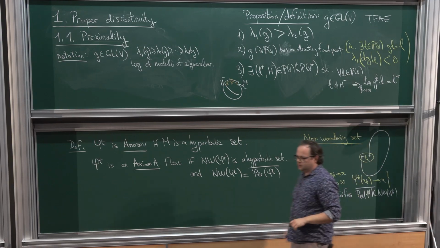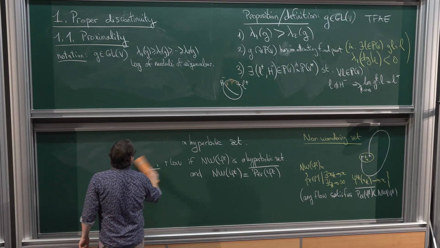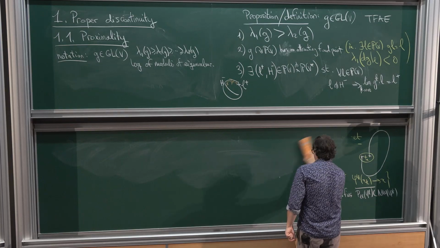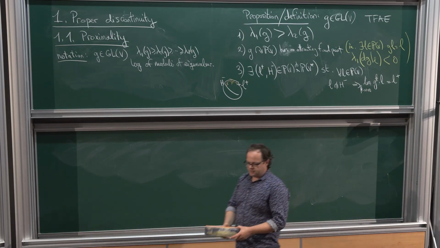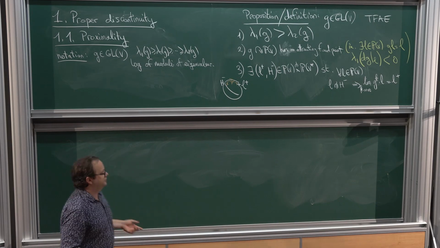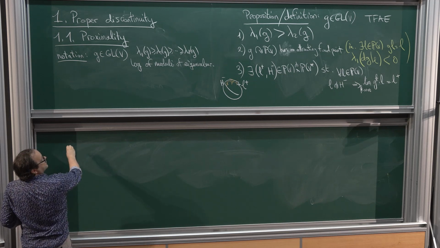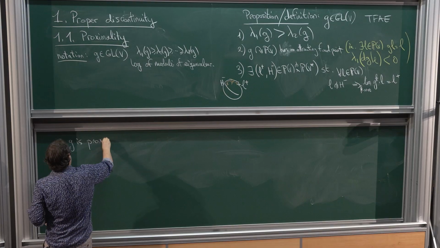I'm not going to do the proof of this, which is just linear algebra. But we do need to understand what these L plus and H minuses are in terms of the matrix. Oh, I should also give the definition. G is called proximal if these are satisfied.